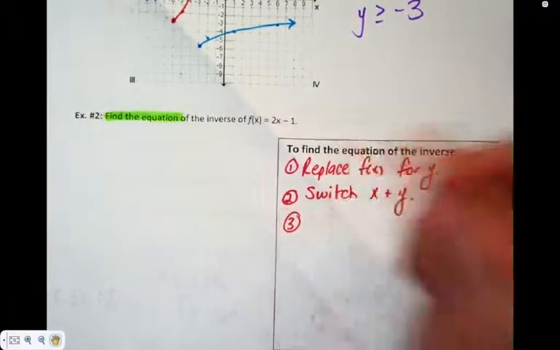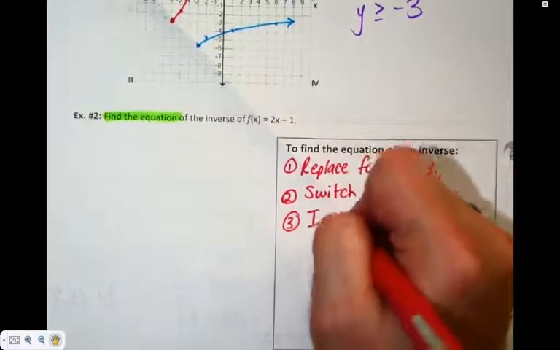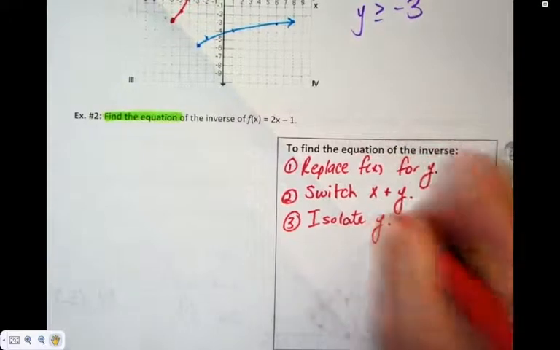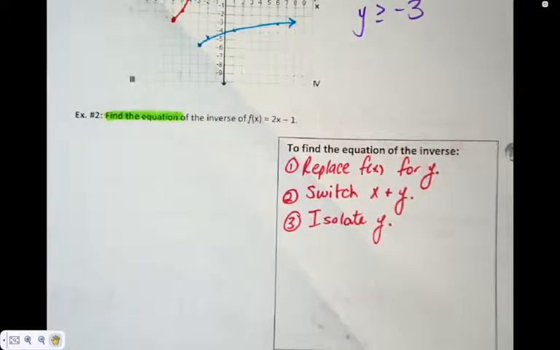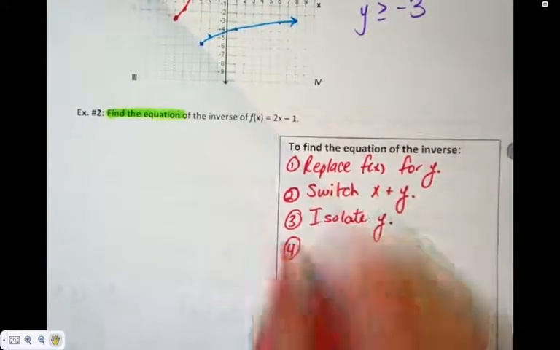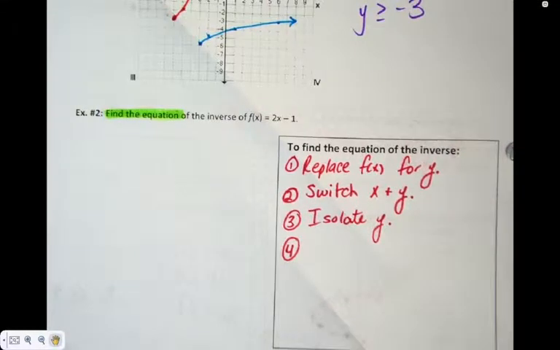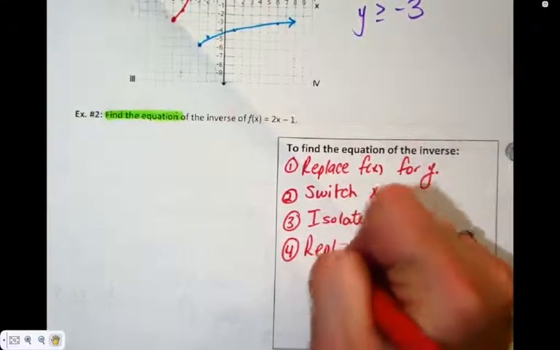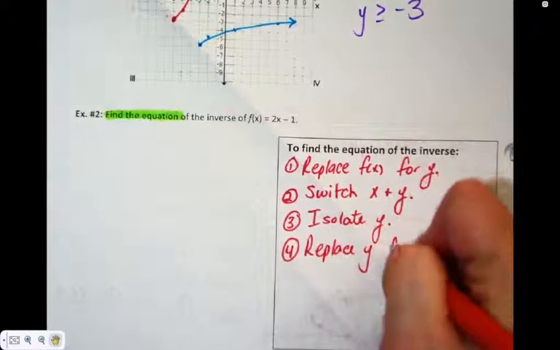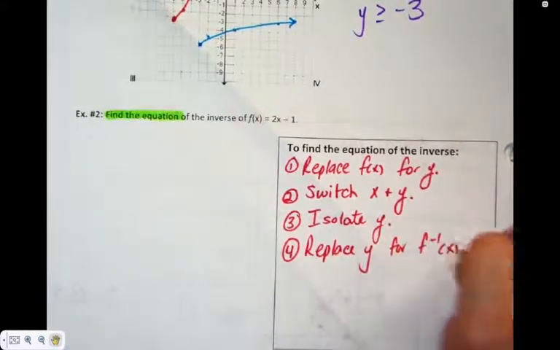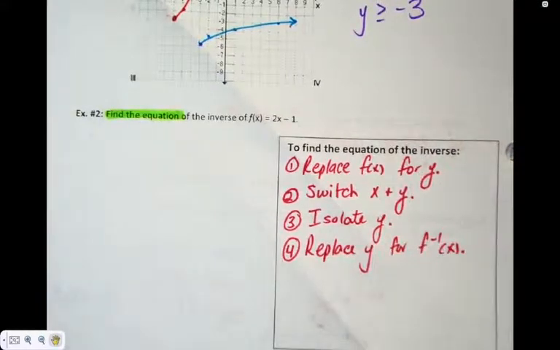Step 3, isolate y. Step 4, replace y with the inverse of f of x. So we're just putting in the right notation at the end. That's it.